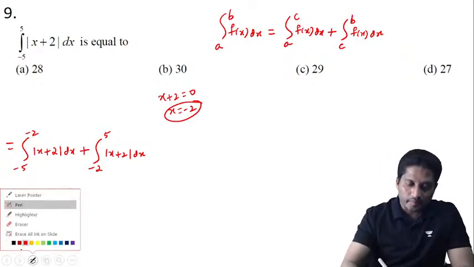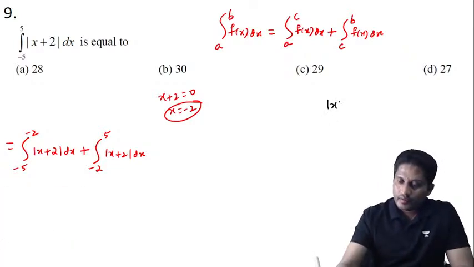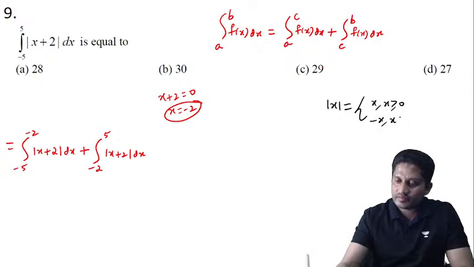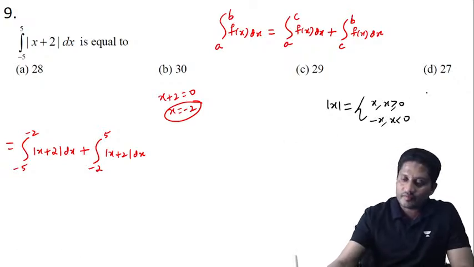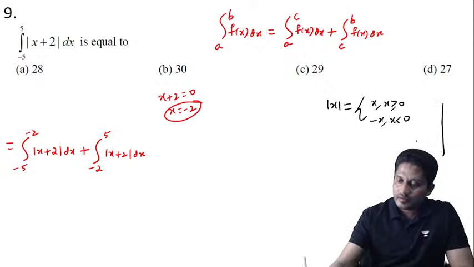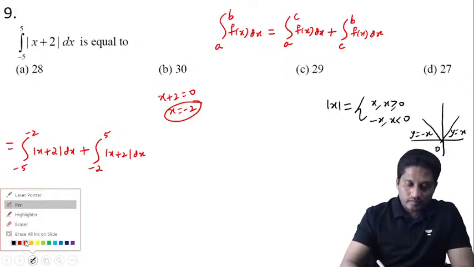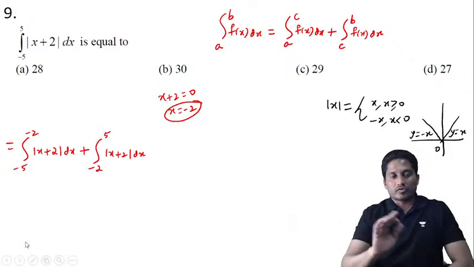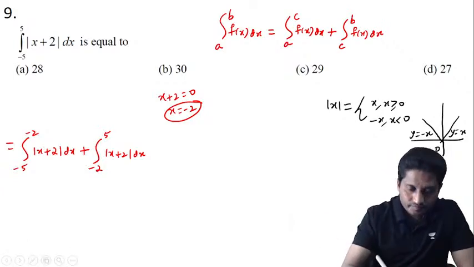And we know the mod property: mod x is x when x is positive and minus x when x is negative. Mod is a V-shaped graph and you get a sharp edge at 0. This is y equal to x, this is y equal to minus x. Between minus 5 and minus 2 you take any value, this will be negative.